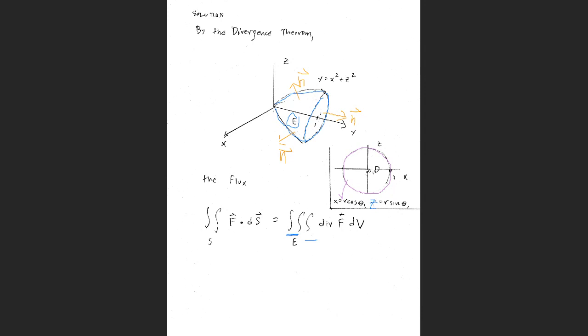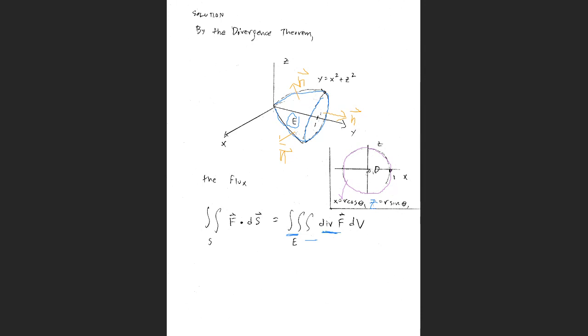Okay, so the divergence of F: what do we compute for the vector field to get the divergence? What do we have to find for the components of the vector field?